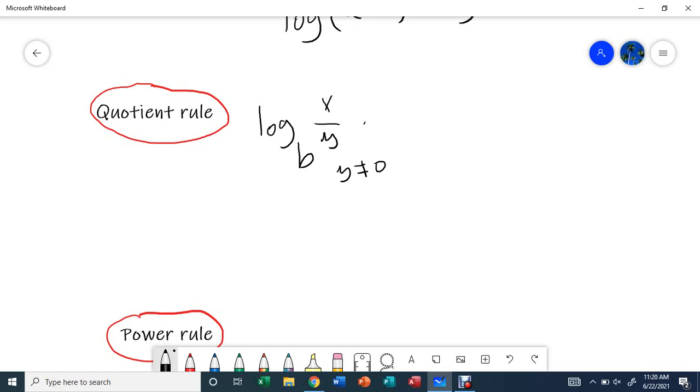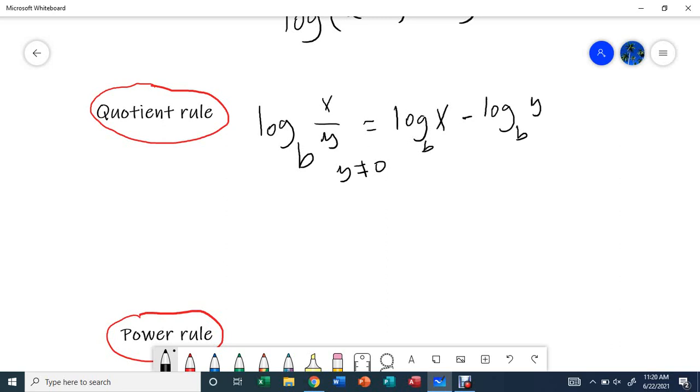This will be log of x minus, so log base b, always state the base, minus log base b of y.